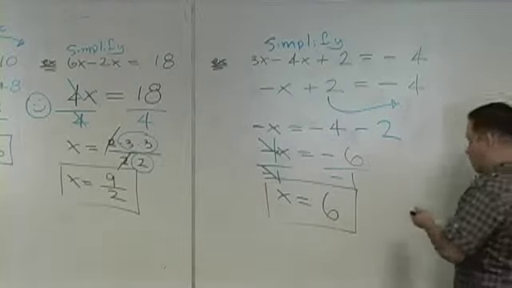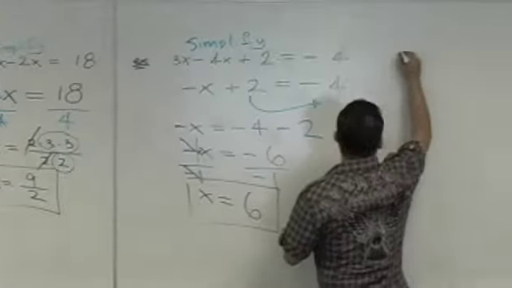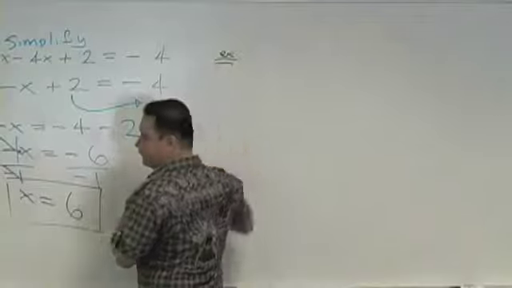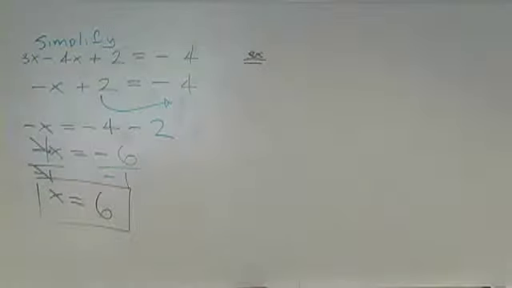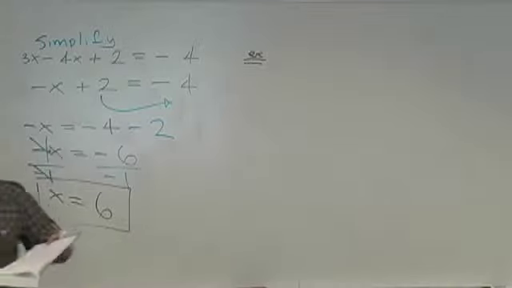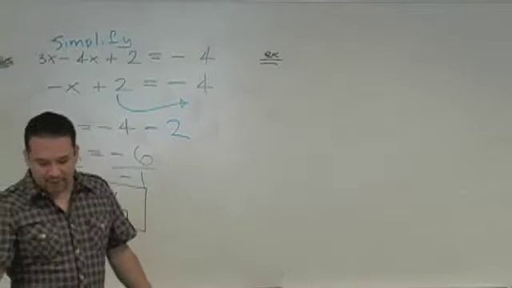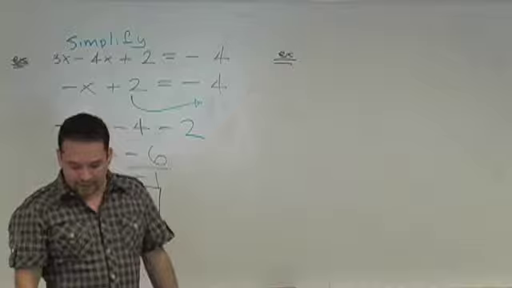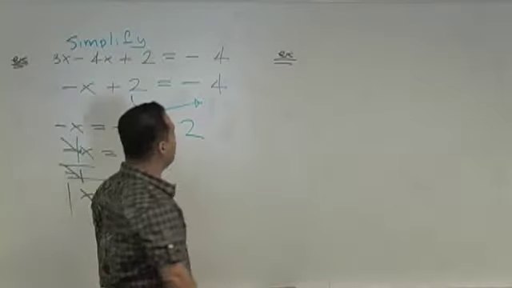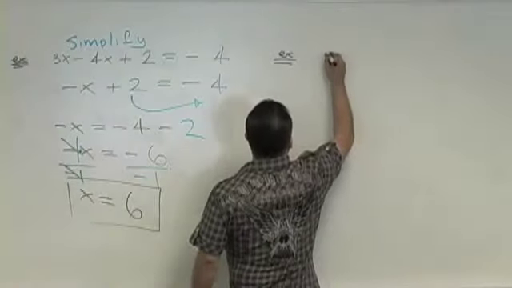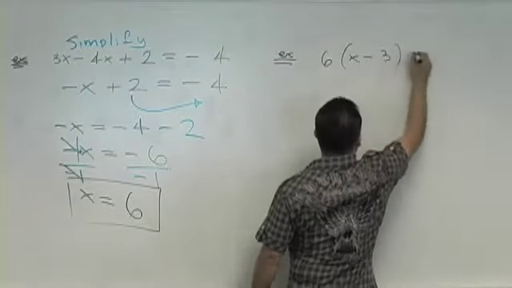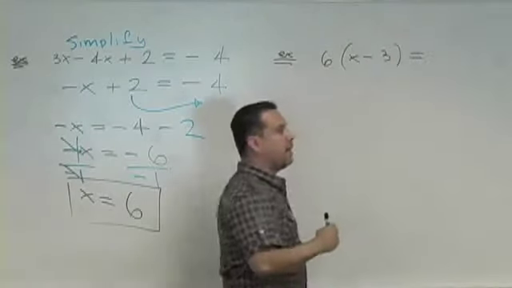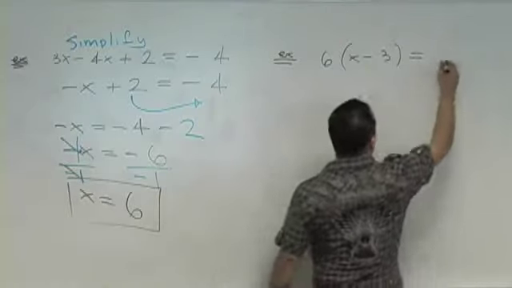So with that, what kind of problems do you guys think you'll see now? Harder problems. Problems that may require additional steps in simplification. For example, maybe you had 6 times x minus 3 in parentheses, is equal to 36.